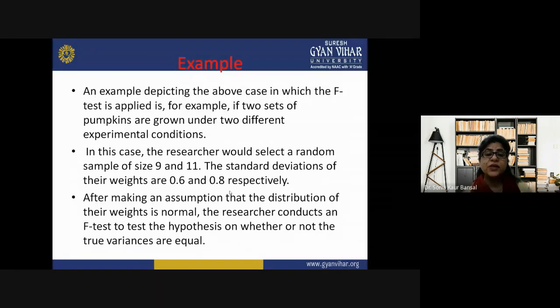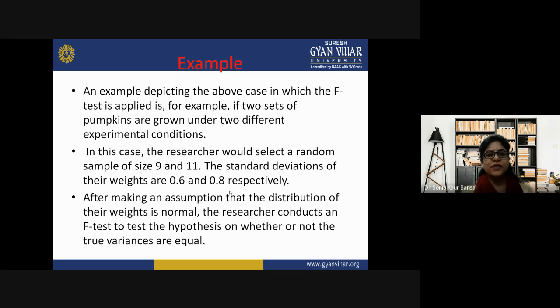So the researcher conducts an F-test to test the hypothesis on whether or not the true variances are equal. There are two populations and we have to see the variance equality among them. Variance is the square of the standard deviation.